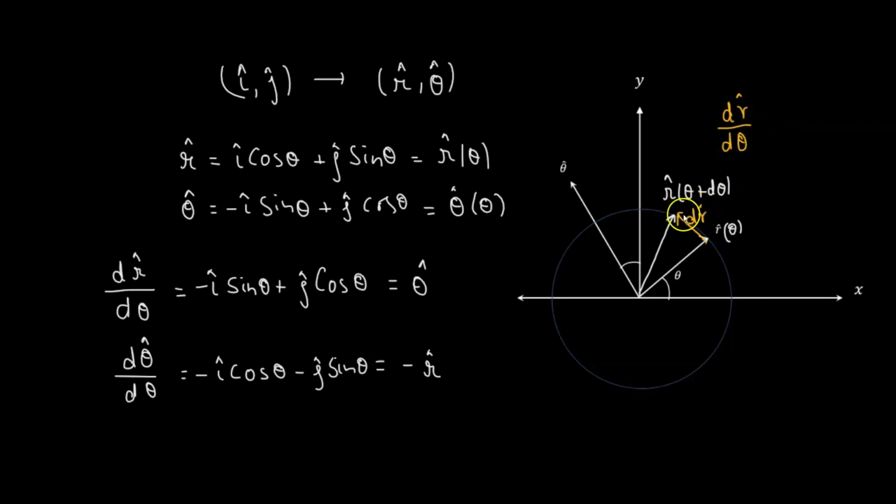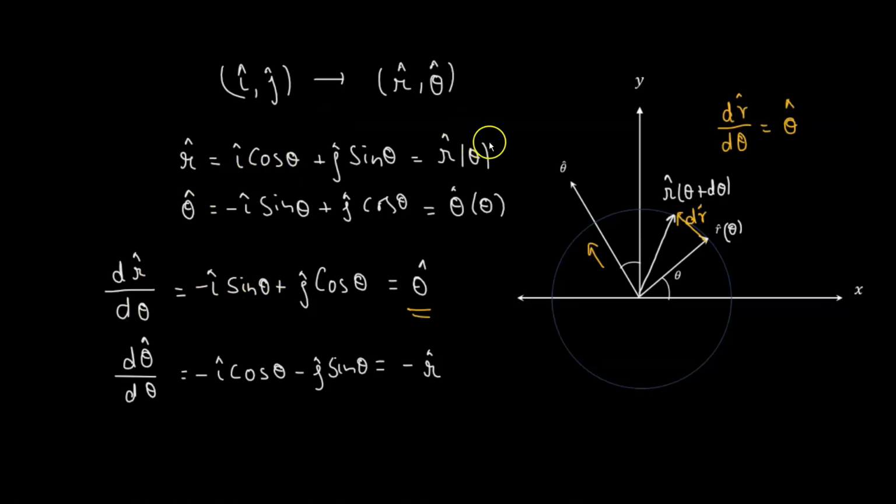This is exactly equal to a vector. So we have obtained a unit vector, and this unit vector is in exactly the same direction as theta cap. So that means this is equal to theta cap, right? And we also got the same result when we did the differentiation of r cap with respect to theta.